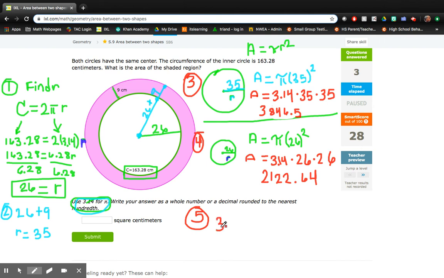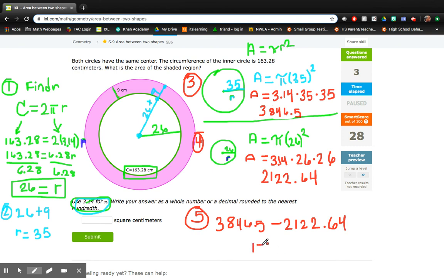So we're going to take 3,846.5, and we're going to subtract 2,122.64. So 3,846.5 minus 2,122.64.